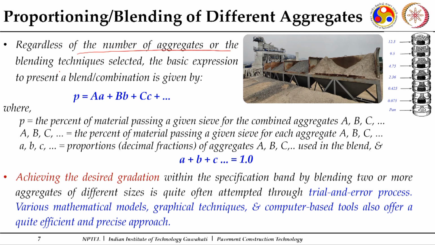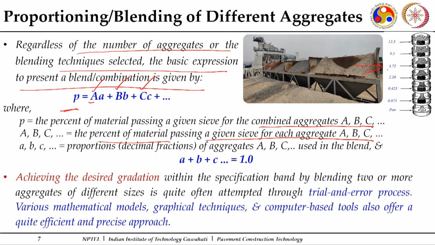the number of aggregates or the blending technique selected, the basic expression will be given by it. It says P is the percent of material passing any particular sieve size, say 4.75, which is arrived at through a combination of 3 materials: material A, material B, material C. Now, what does capital A stand for here? The percent of material passing a given sieve size for each aggregate.